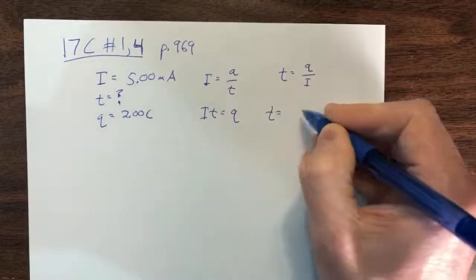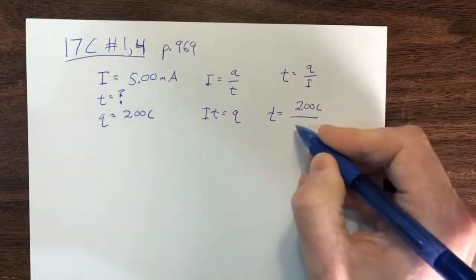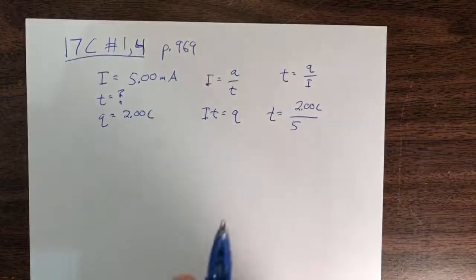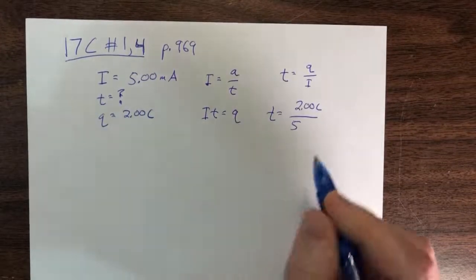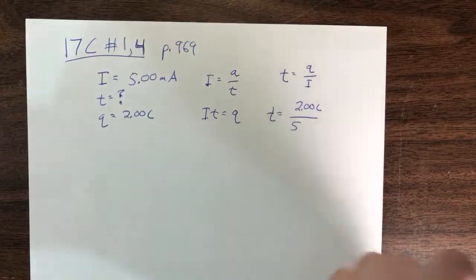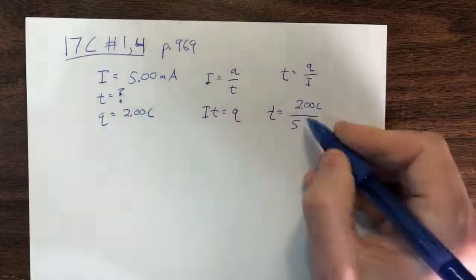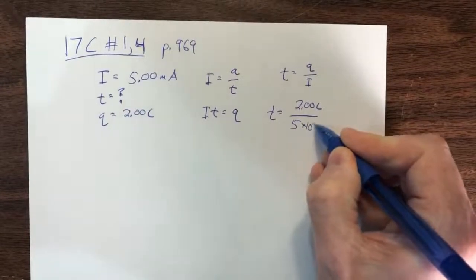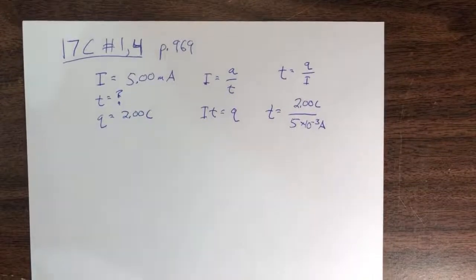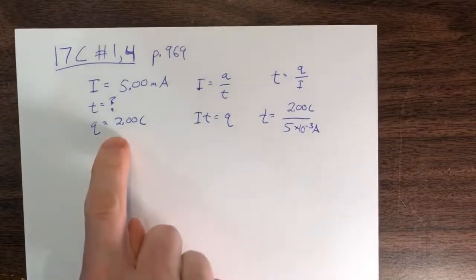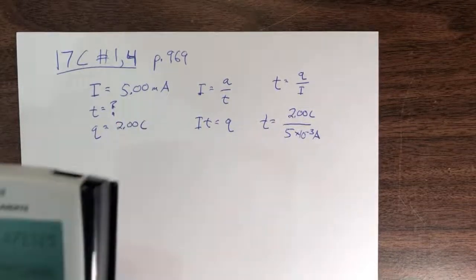So the time it's going to take is the charge of 2 coulombs divided by 5 milliamps. Now this is where these prefixes you need to be careful about. If you were just to do 2 divided by 5, you'd get the answer wrong, right? This is 5 milliamps, so this is 5 times 10 to the minus 3 amps, which is going to make the time significantly longer, which we'd expect, right? 2 coulombs is a significant charge, whereas 5 milliamps is not a very large current.